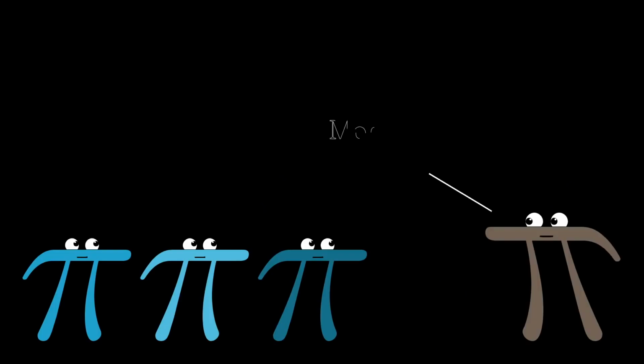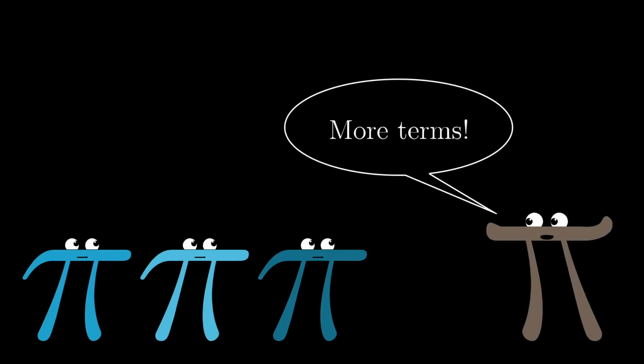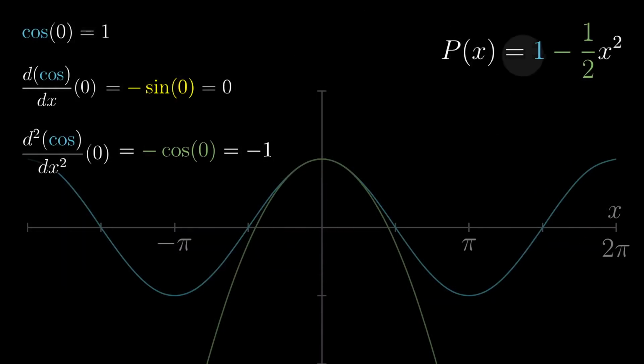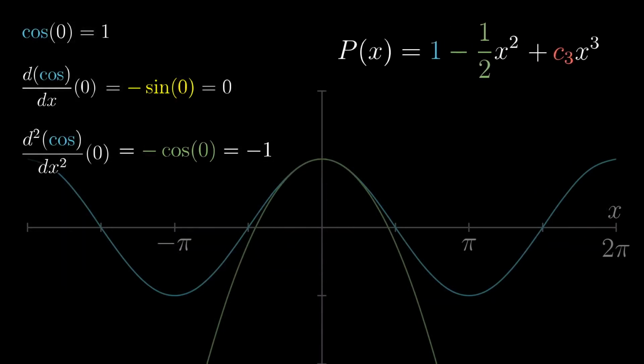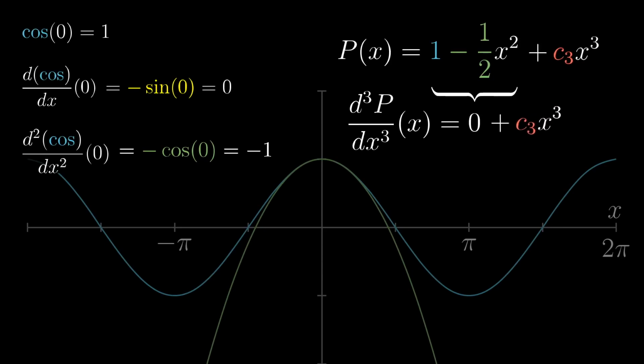You could give yourself more control by allowing more terms in your polynomial and matching higher order derivatives. For example, let's say you added on the term c3 times x cubed for some constant c3. Well, in that case, if you take the third derivative of a cubic polynomial, anything that's quadratic or smaller goes to 0. And as for that last term, after 3 iterations of the power rule, it looks like 1 times 2 times 3 times whatever c3 is.